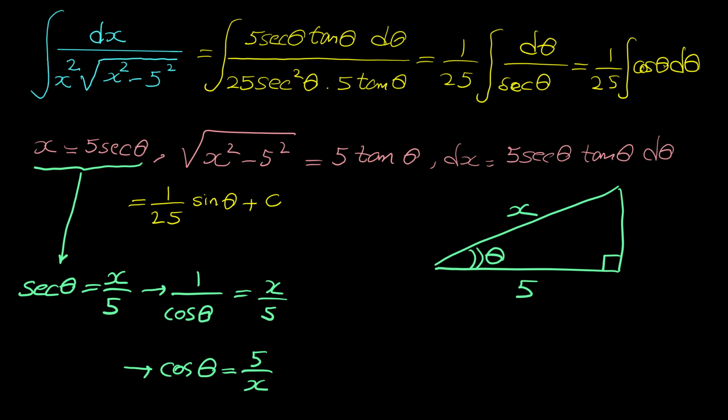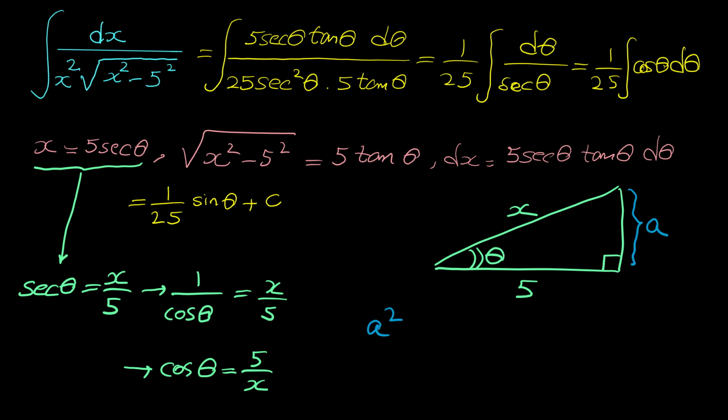Here we need to find sine theta, but sine is opposite, so we have to calculate this side. For finding this side, we use the Pythagorean theorem. Let me suppose this side is a, for example.